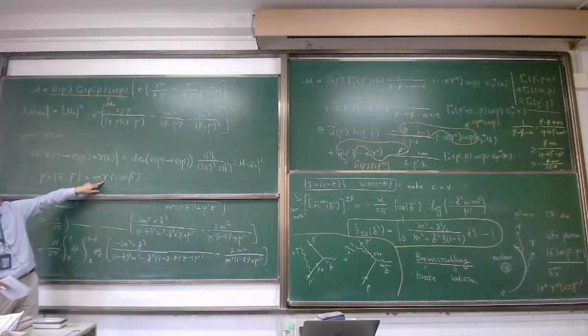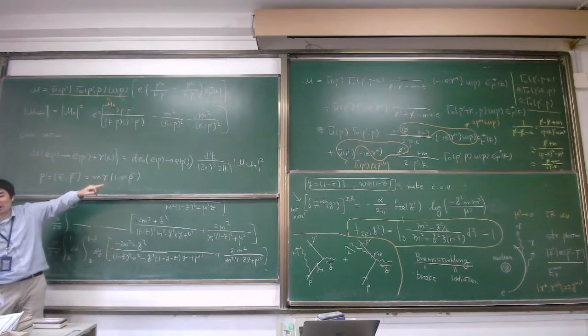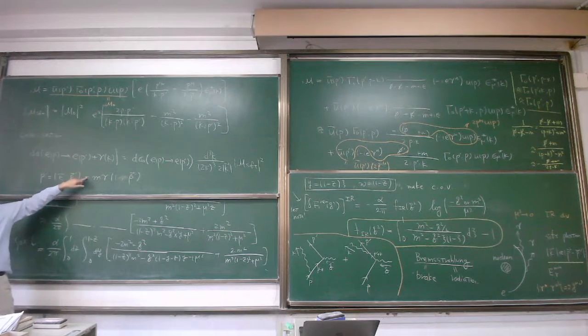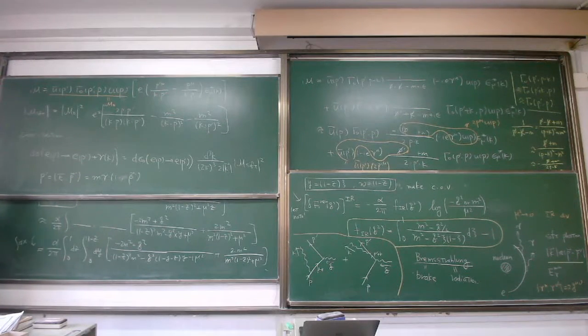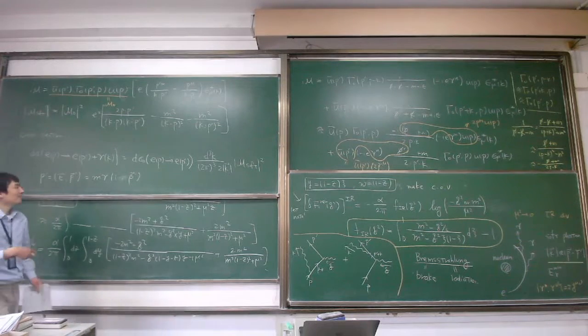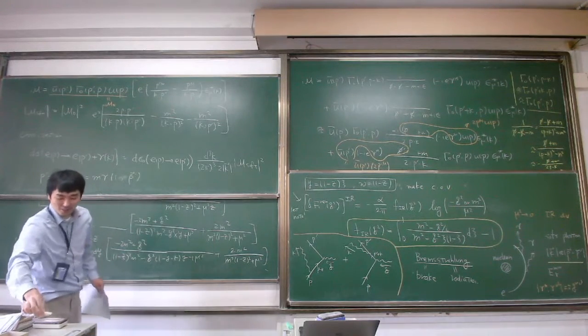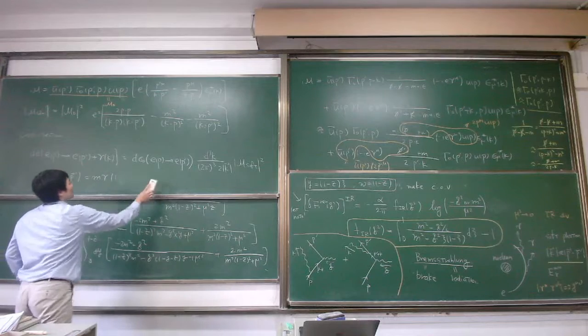So this gamma is not the photon, not the gamma matrix. This is the special relativity gamma. Sorry, what's the expression for gamma? I already forgot. 1 minus b over c squared, whatever. You already knew it.